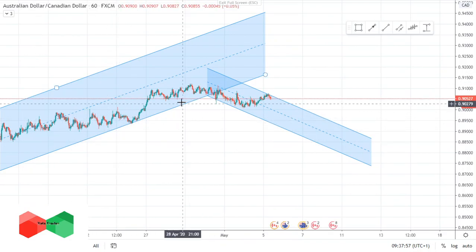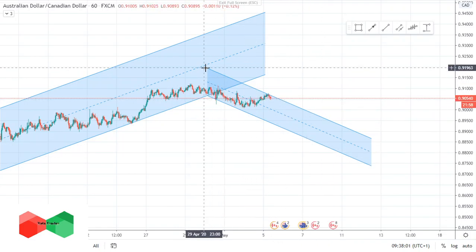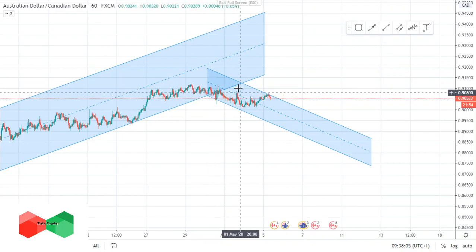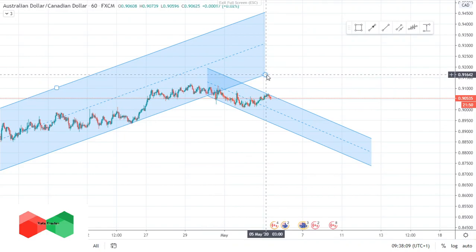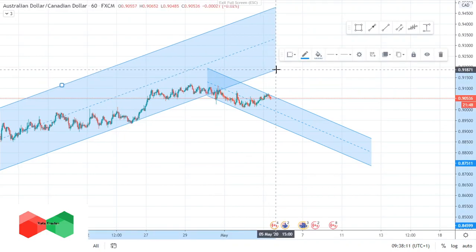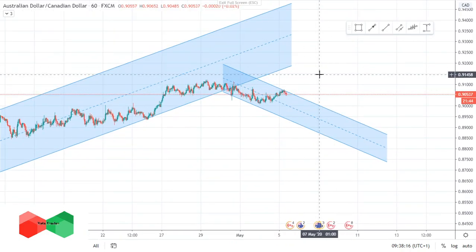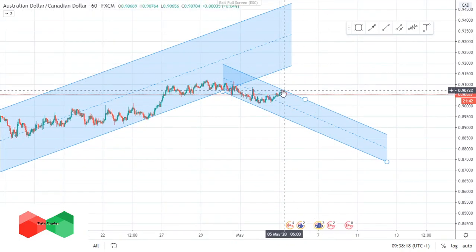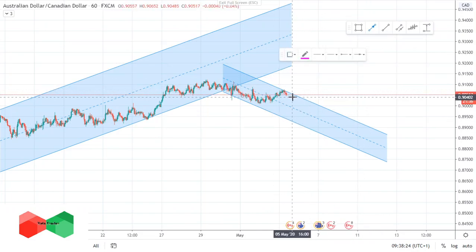The probability of that is quite high, as it has broken the trend support. Once trend support is broken, it turns into trend resistance. So you can see now it's hit this high and bounced off the trend resistance to create this new downtrend.